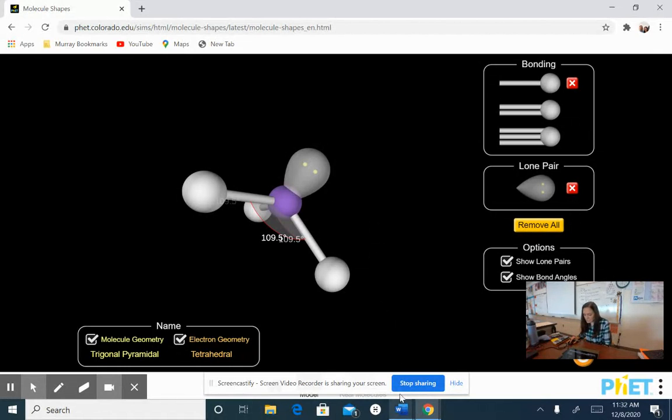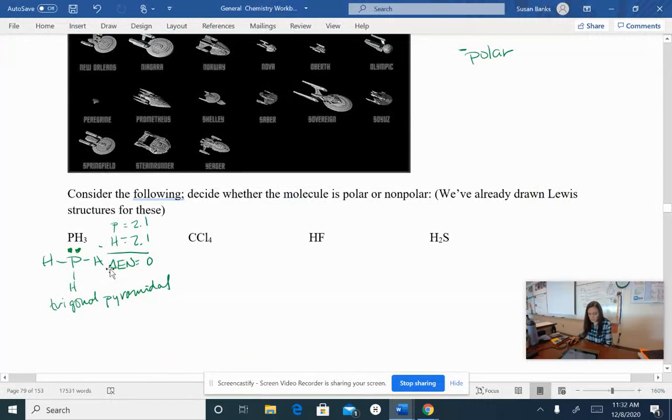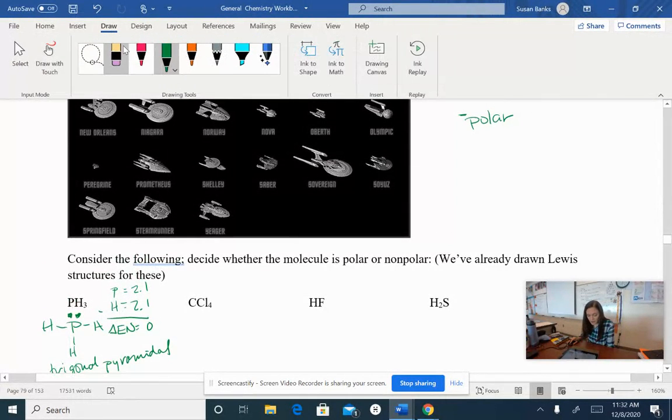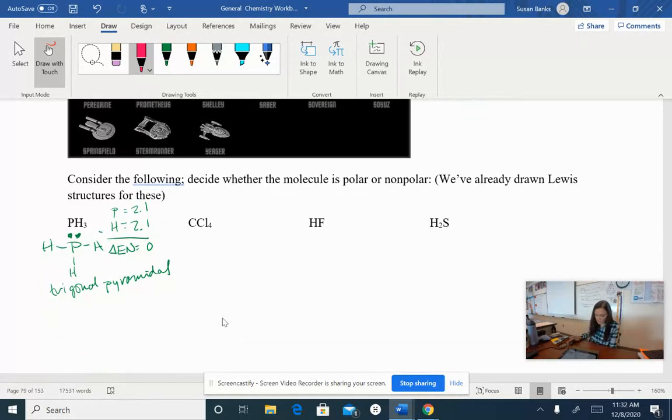So even though the electronegativity is not very different in terms of the difference between the values of the elements, just because we have that area of electrons that is very much alone and it's just electrons, this is going to be polar just because of that lone pair up at the top right here. That's going to make it polar.